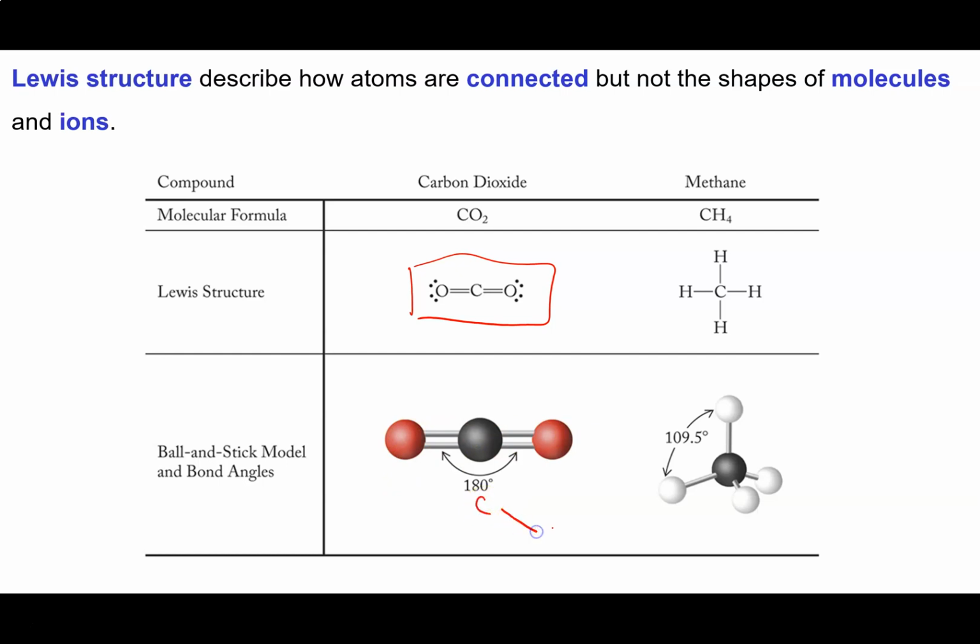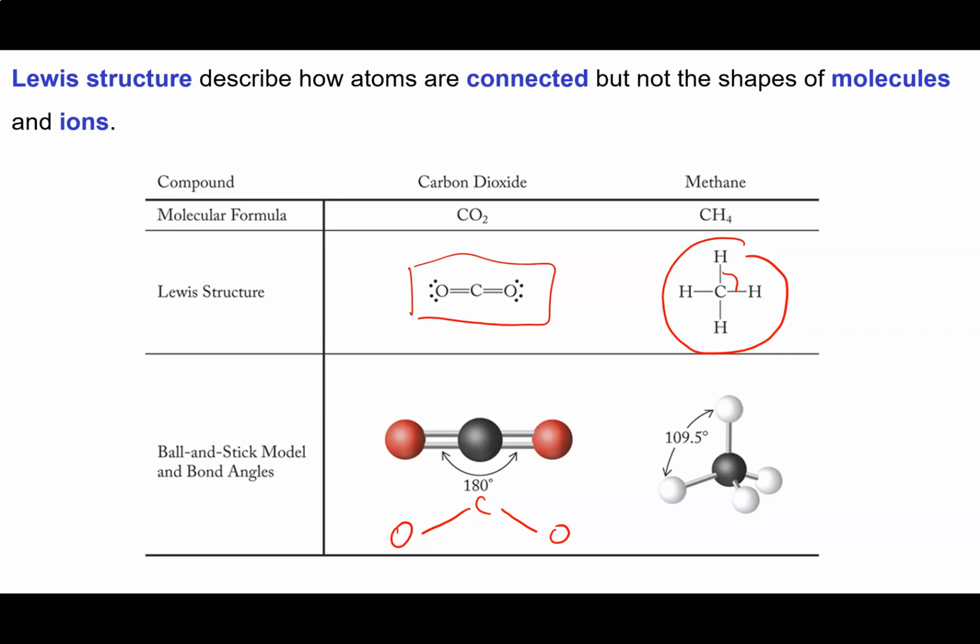But you could imagine that they could also be in a bent kind of shape. And the Lewis structure isn't able to tell us whether this molecule will be linear, like the ball and stick model that is shown, or whether it will be bent. Now, when we draw the Lewis structure for methane, we tend to draw it like this, where we put 90-degree bond angles between the hydrogen-carbon-hydrogens there.